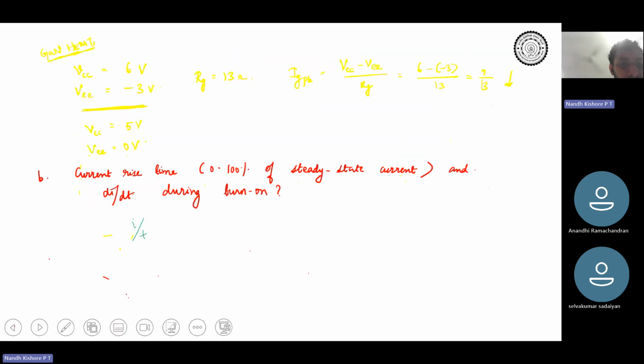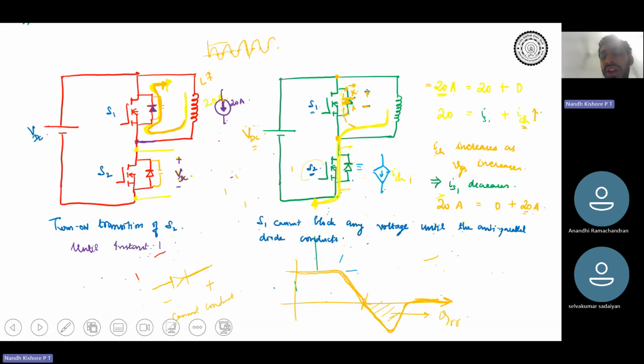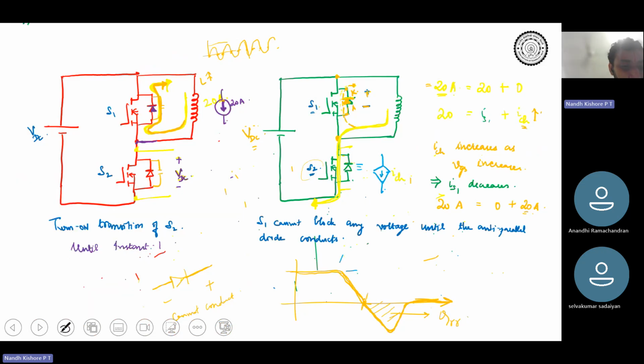So one thing we saw was that till the antiparallel diode is conducting, and after the antiparallel diode stops conducting, the diode current falls to zero. Correct? But unfortunately, the diode also exhibits a reverse recovery. So there will be a reverse recovery through the diode.